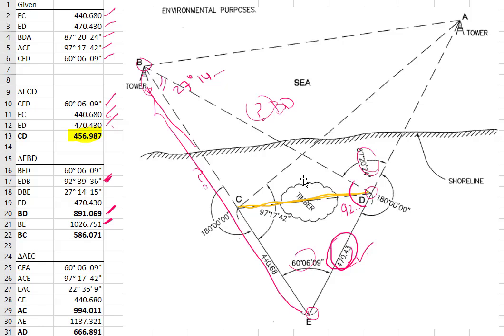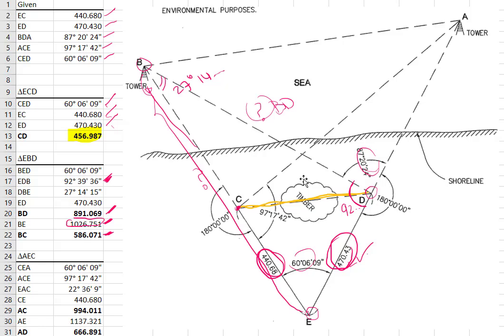But here we do not need the BC. We need the line BC. So BC equals 1000 for the length of BE minus the given length of 440. So the answer is 586.